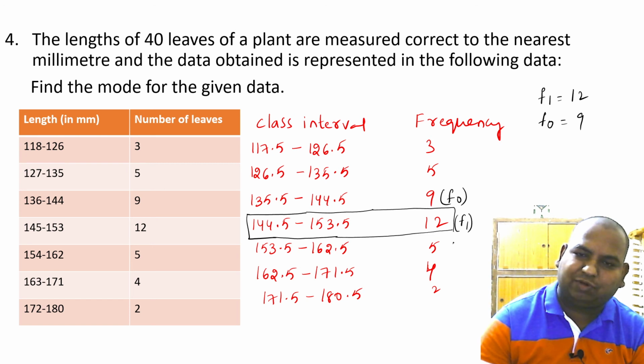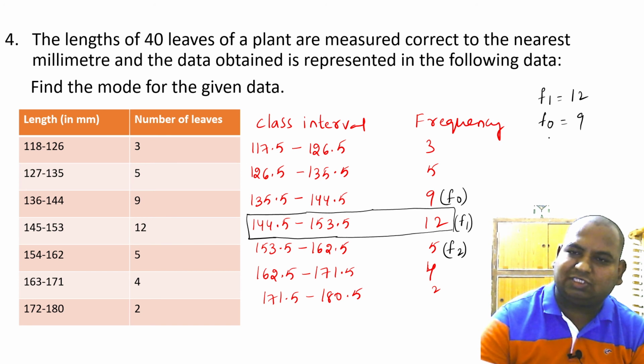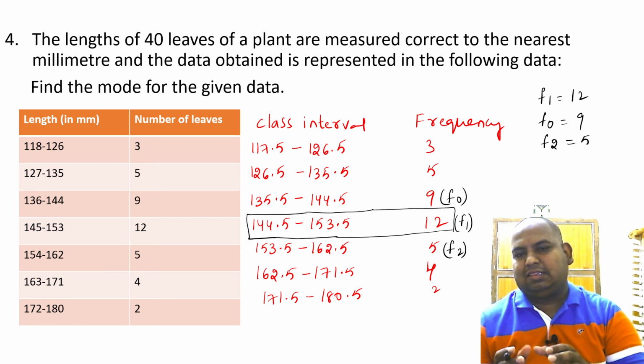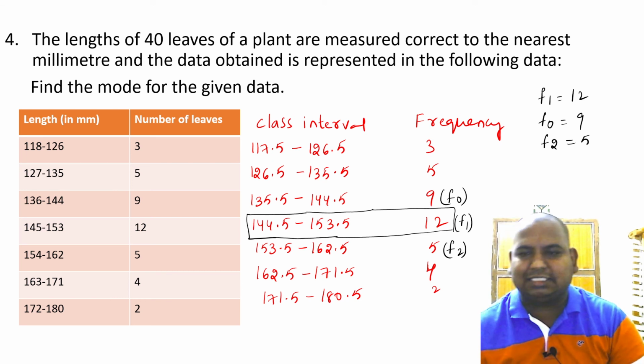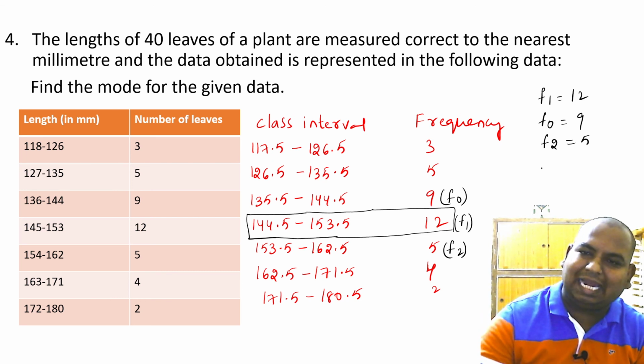What about f2? f2 is the frequency of the class interval succeeding the modal class. That means the frequency of the class interval after the modal class is f2. What about L?